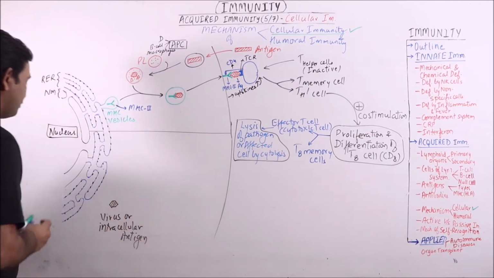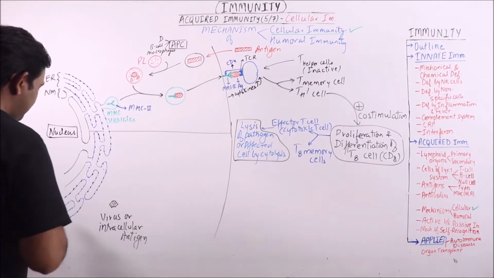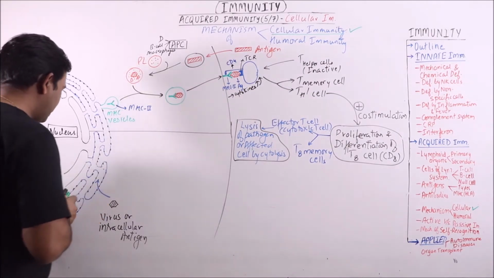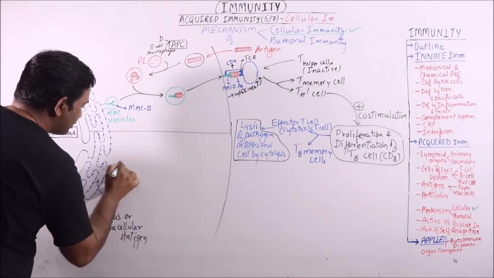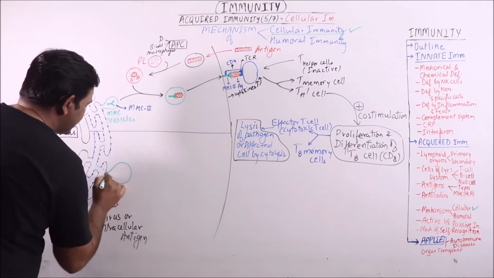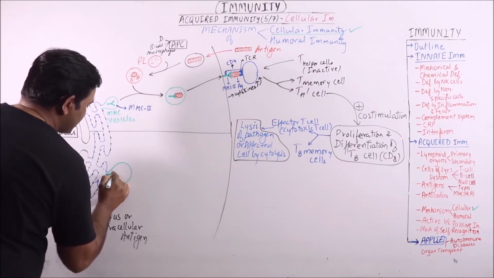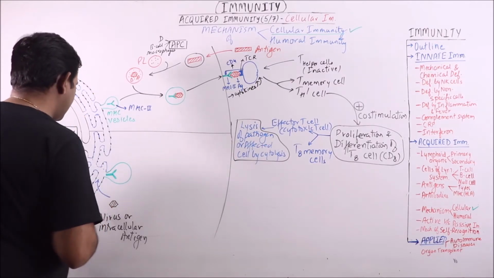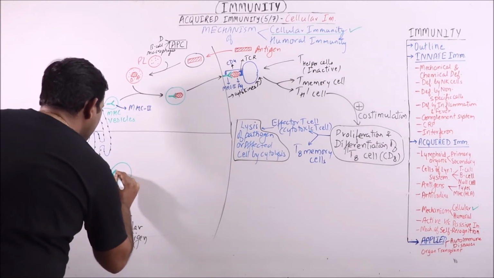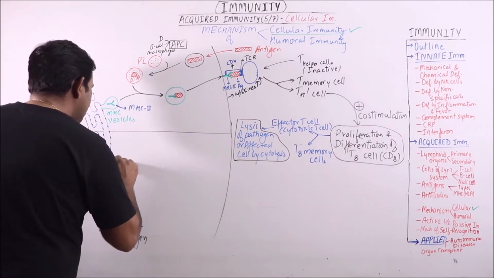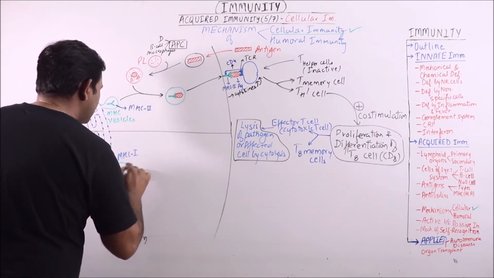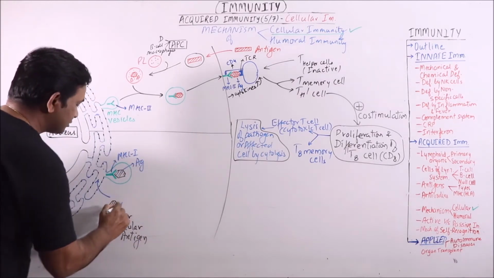Let it be virus or intracellular antigen, it will be processed by the RER and will be released in the vesicle, MHC vesicle, but now with MHC class 1 protein or molecule. So this is MHC1 and this is antigen.